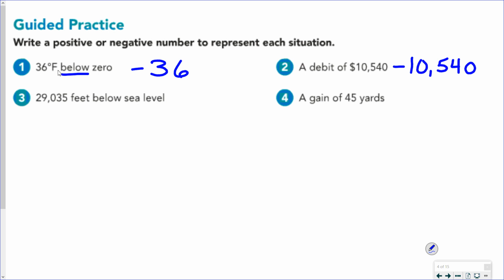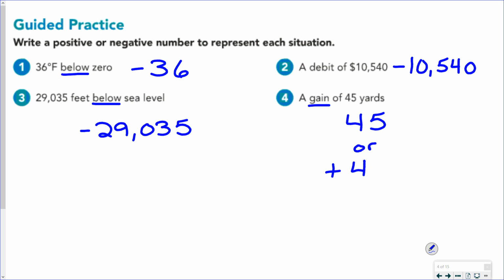If we're at 29,035 feet below sea level, we would be at -29,035. And if we have a gain of 45 yards, we could just write 45, or you could write positive 45. Either one of those would work.